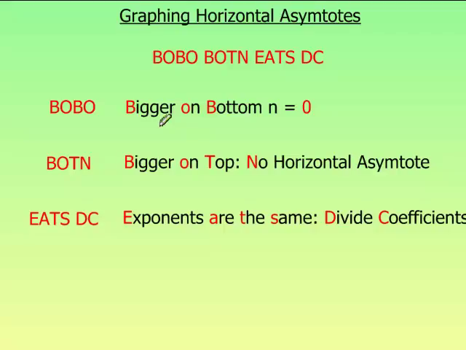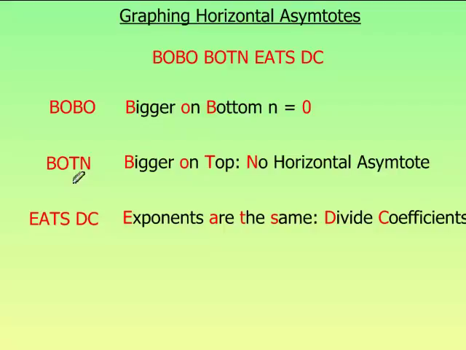Bobo simply means if you have a bigger exponent on the bottom, then n is equal to 0. In other words, your horizontal asymptote is at 0. It's on the x-axis.